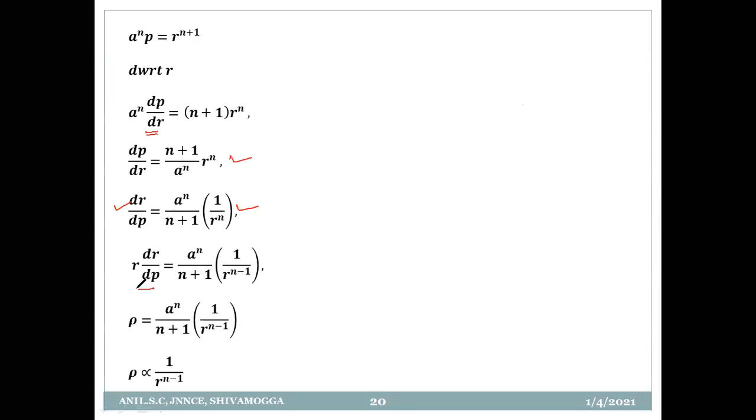This is simple. If you multiply the RHS by r, you get a power n divided by n plus 1 into 1 over r power n into r. Correct?